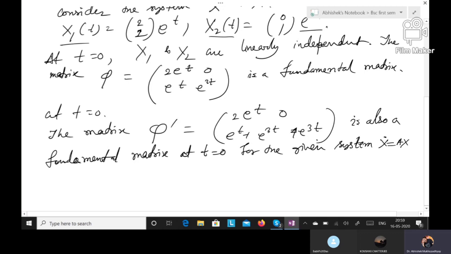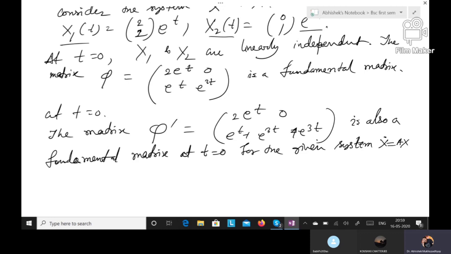This shows that the fundamental matrices for this system are not unique. And in general, fundamental matrices are not unique for a given system, not only for this particular one.